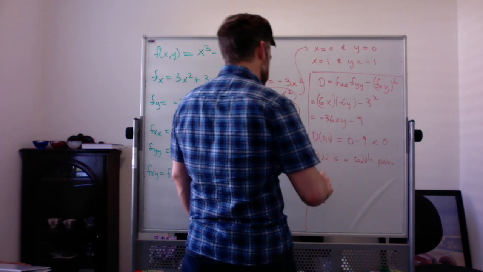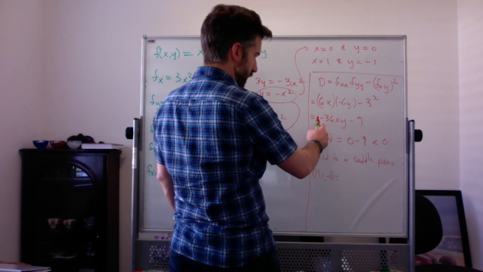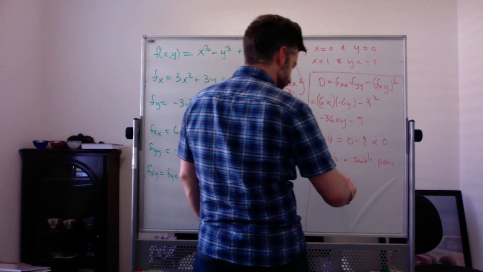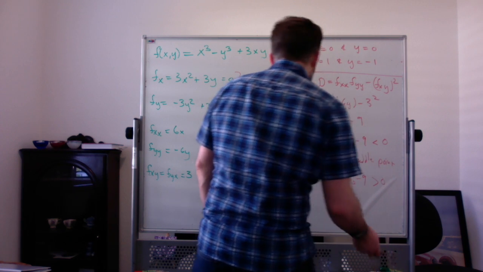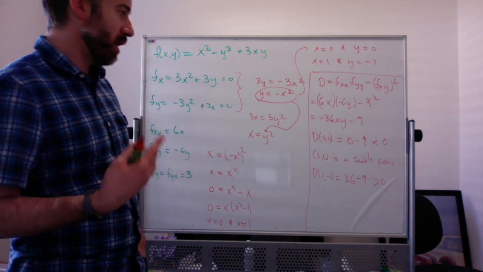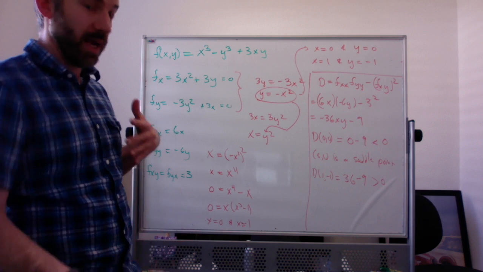Plugging in 1, negative 1, you get, let's see, negative 36 times 1 times negative 1 is positive 36 minus 9, which is positive. So that means, since the determinant of the Hessian is positive, it's either a max or a min.